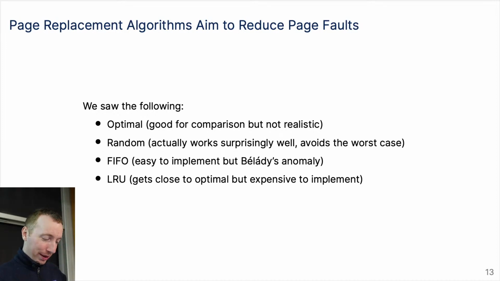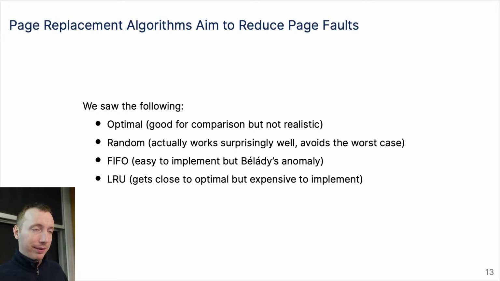So page replacement was all the algorithms. There's only one metric you use, and it's the number of page faults, and that's what you aim to reduce. So we saw the optimal algorithm, which is you just replace whatever's not used in the future the longest, so that's good for comparison. Obviously not realistic because we can't predict the future. And then there's random replacement, which we didn't see an example of because it's just random.